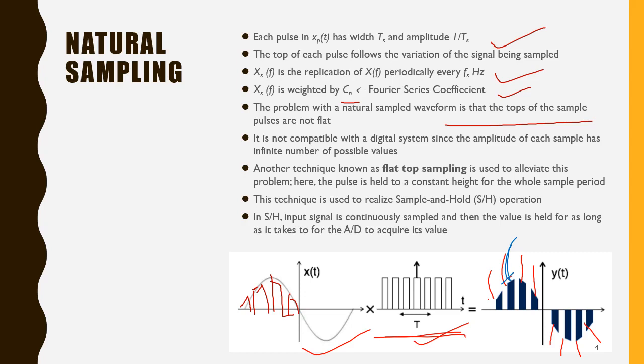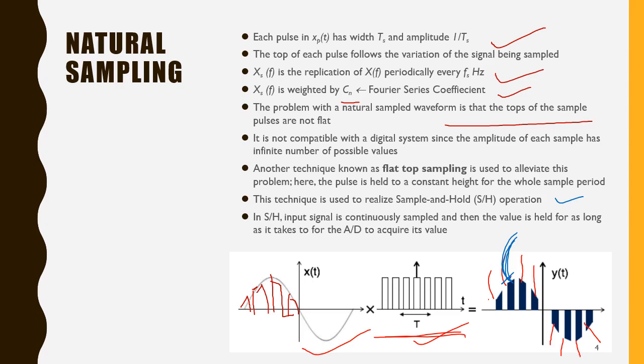To overcome this case of samples taking flat tops and more amplitude possibilities, we want to avoid that. That is overcome in flat top sampling, which is also called sample and hold operation, a technique used to realize a sample and hold circuit. The name sample and hold is because we make use of a switch and a capacitor.